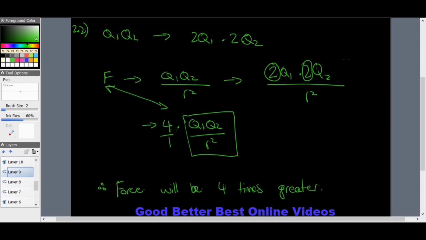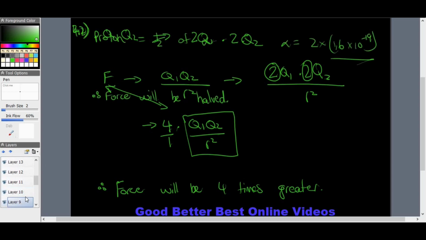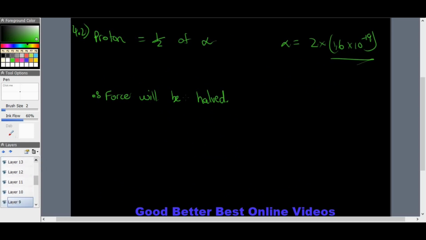If I take 2 times Q2 out and I just replace it with Q2, I'm not going to have 2 times 2, I'm going to have just 2 on top here, and 2 is half of 4. Hence why when we come back here, if I half this, I get just a proton. So a proton times the alpha particle is going to be half. So here, therefore, the force will be halved.